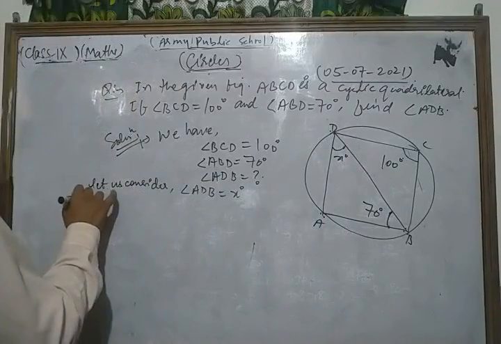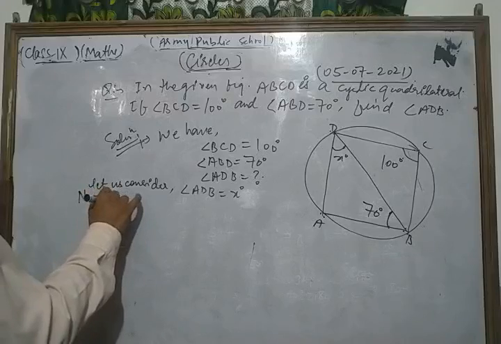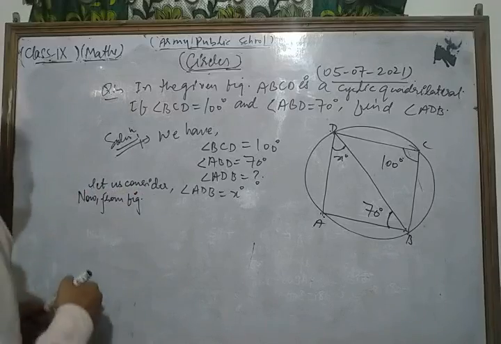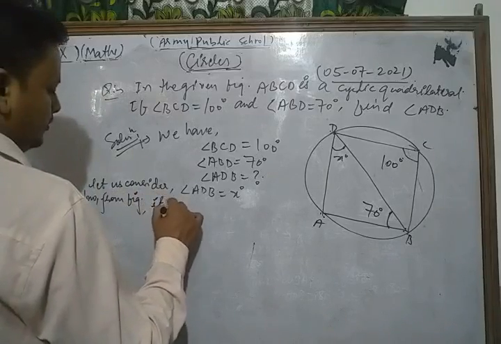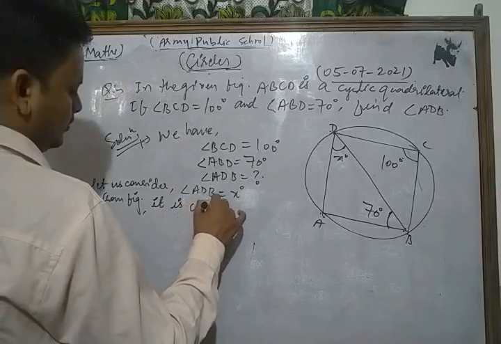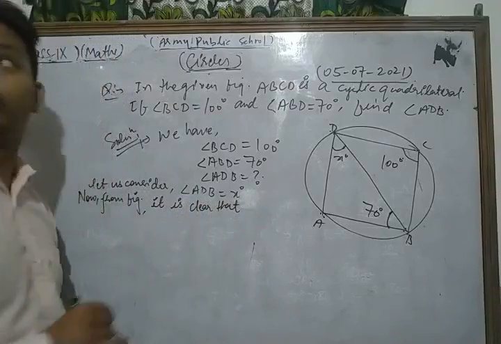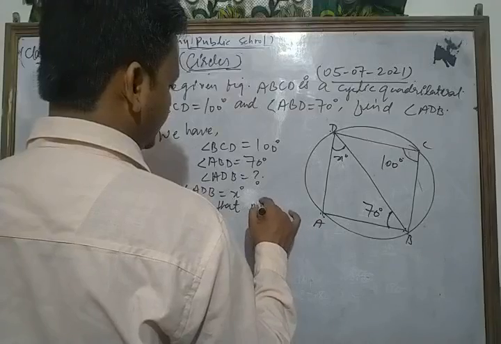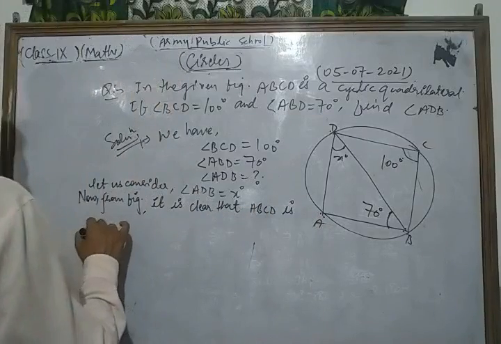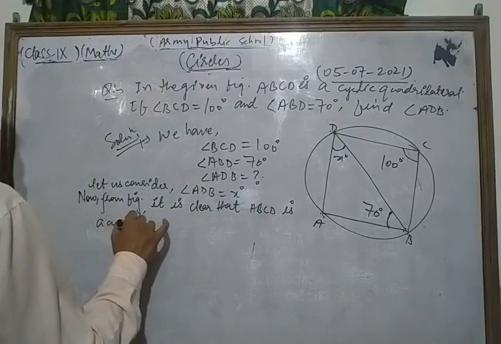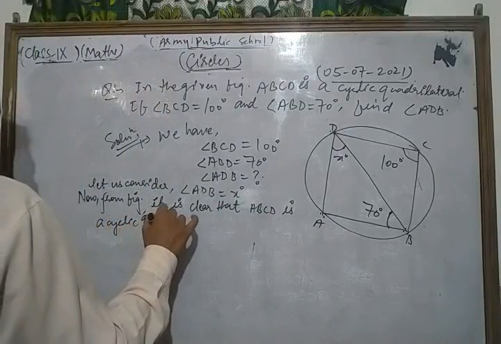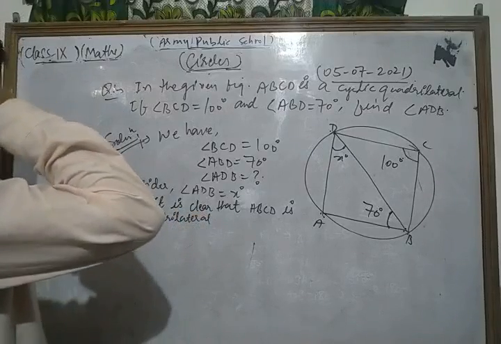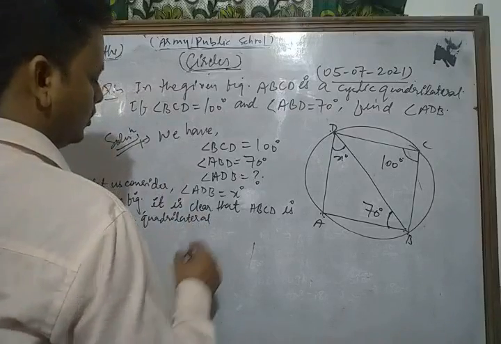Now from the figure it is clear that ABCD is a cyclic quadrilateral.